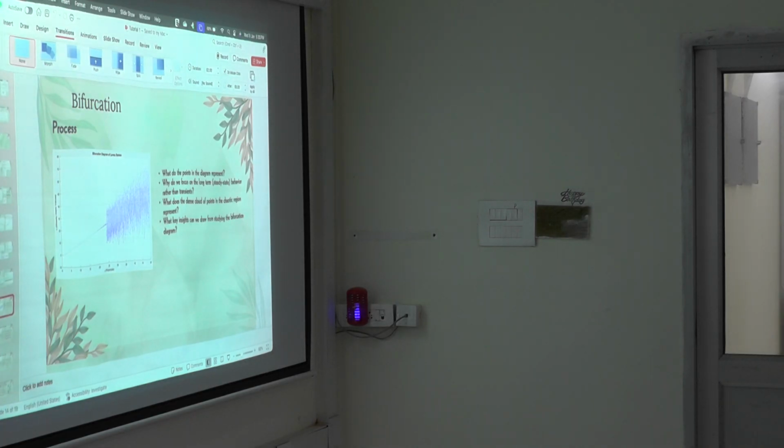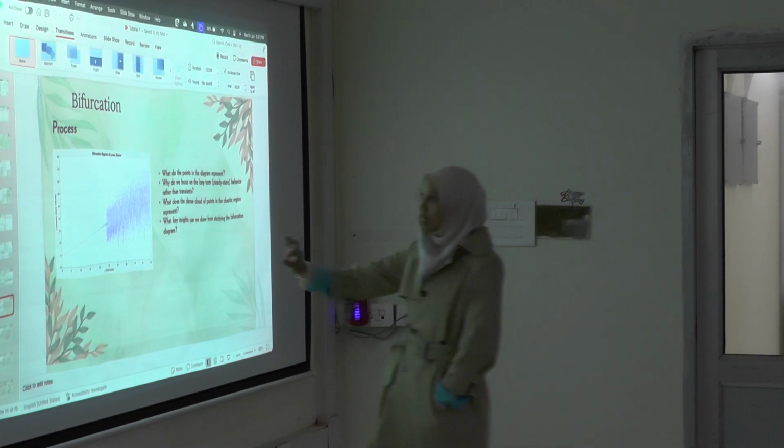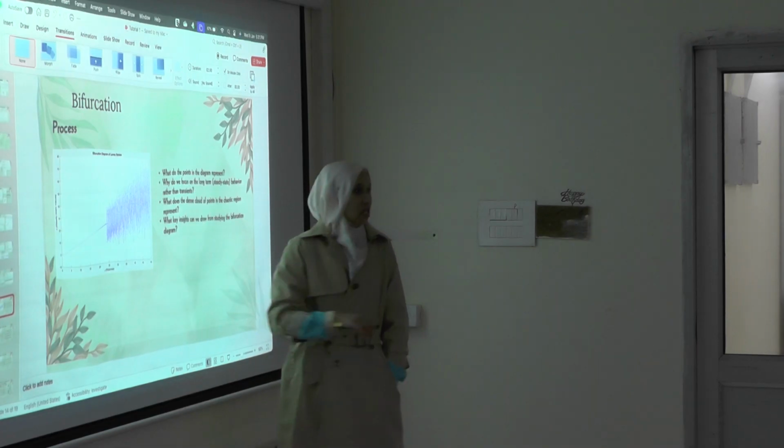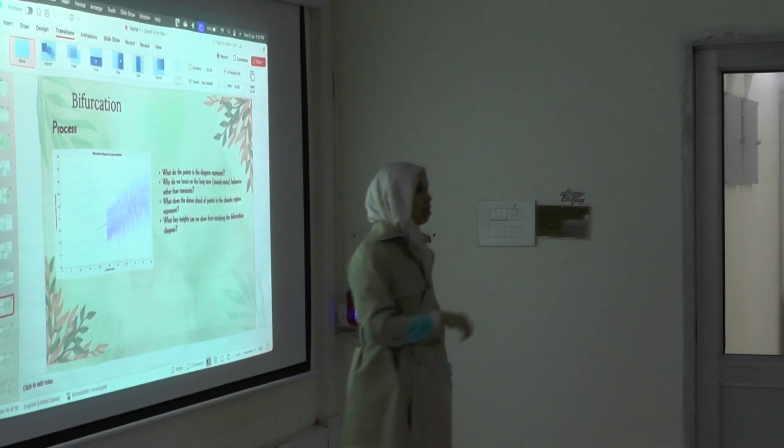Okay, so my question is, what do the points in the diagram represent? As I mentioned just now, it represents the steady state behavior.